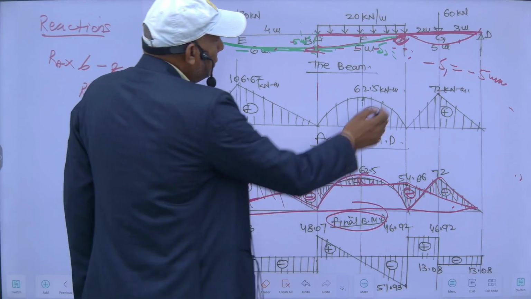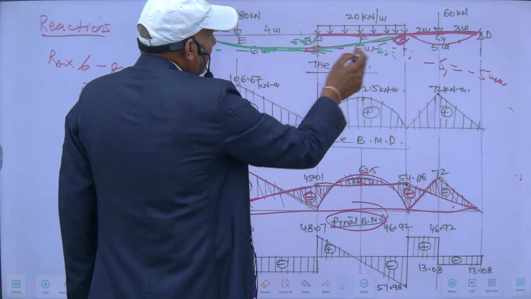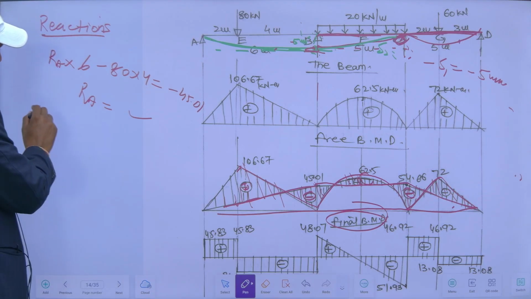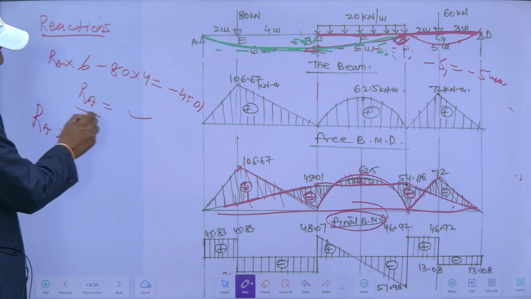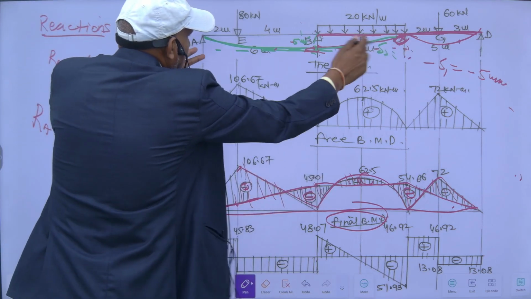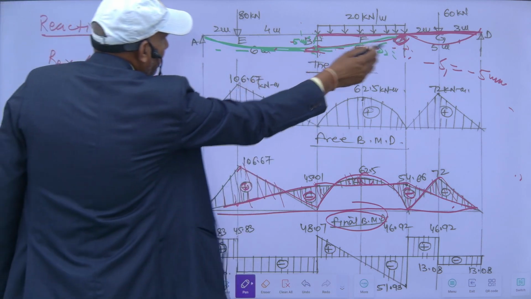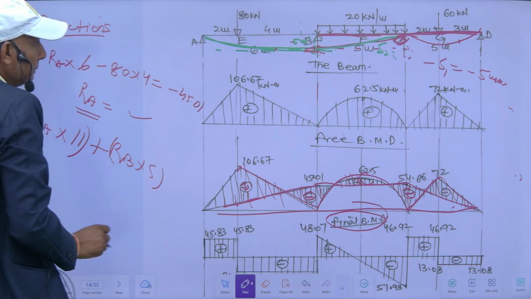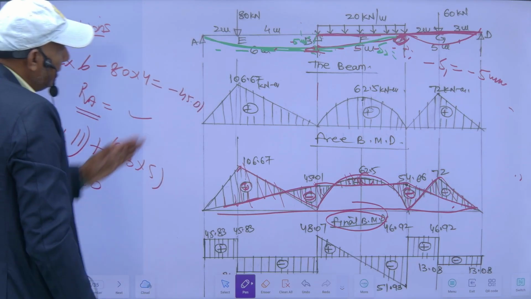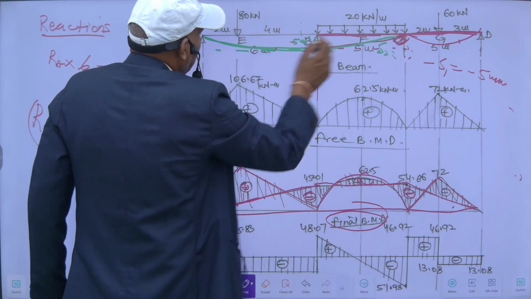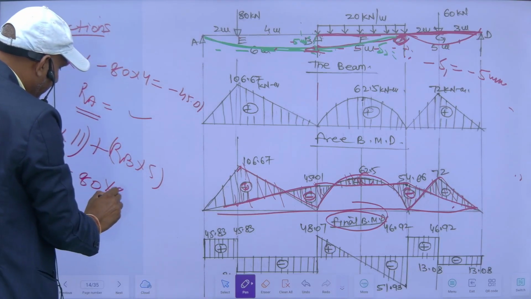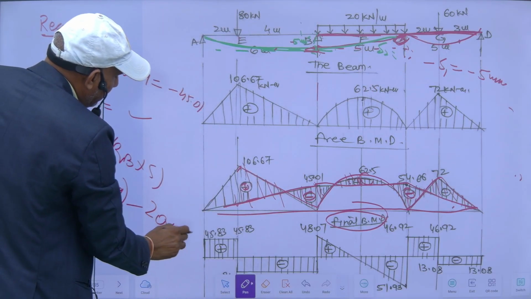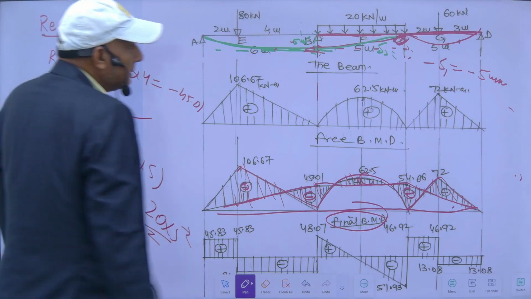Similarly, for knowing the reaction RB, I will take moment about C. RA I have calculated here. So RA into this distance, 6 plus 5, 11, plus RB into 5, minus 80 into this distance from here to here, it is 4 plus 5, 9, minus 20 into 5 square by 2, I will get the moment at C, and what is MC?